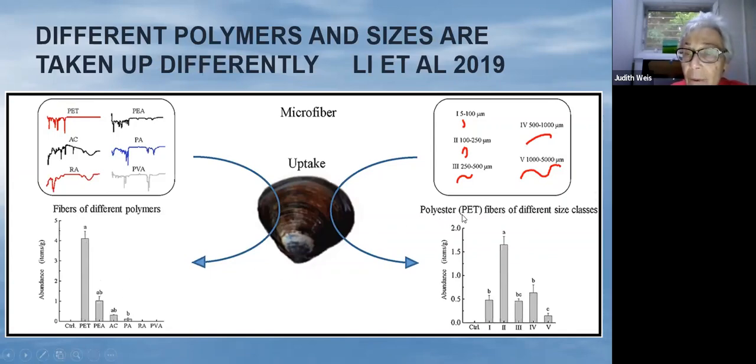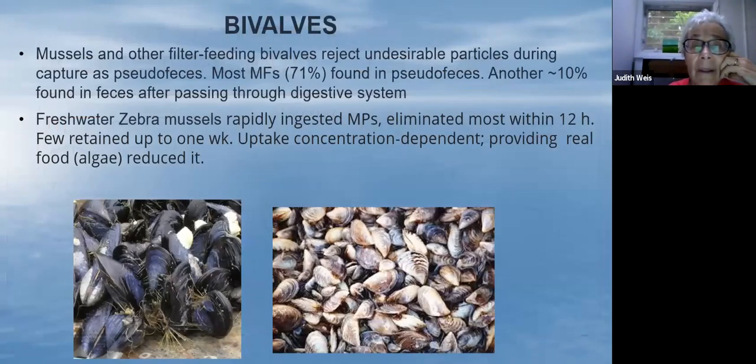And if you look at polyester fibers of different size classes, you can see that there's a particular preference for a certain size. They don't want them too big and they don't want them too small, and they eat mostly the ones in this intermediate size category. So we have quite selective behavior in animals that we think just eat everything that's in the water.